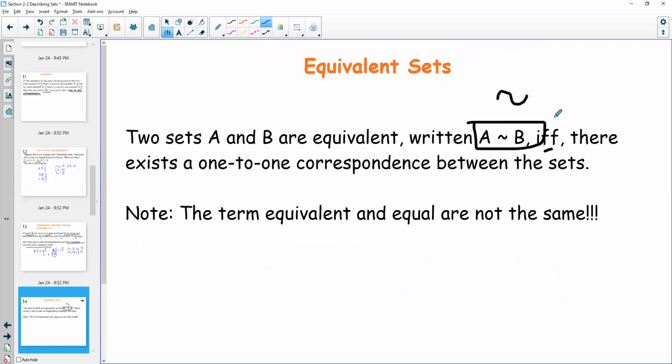Sets are equivalent if and only if there exists a one-to-one correspondence between the sets. Equivalent and equal are not the same when we talk about sets, okay? Equivalent is about whether we can match them one-to-one. Equal is about having the same stuff in them, okay?